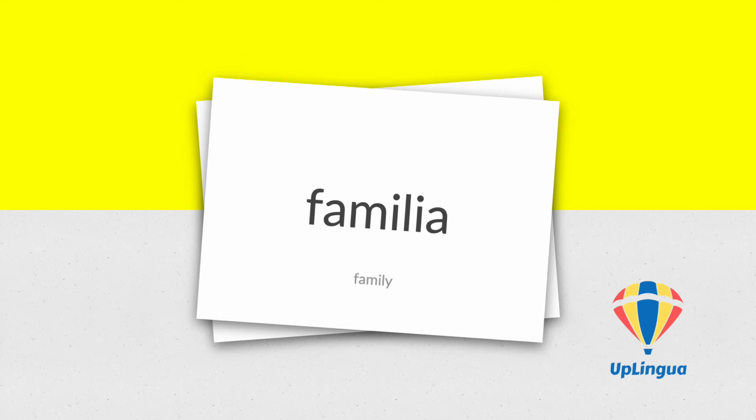The li becomes li, like the name Lee, like the General Lee. Family, and then the a is a. Familia. Please try pronouncing that after me one time. Familia, fa, mi, li, a, familia.